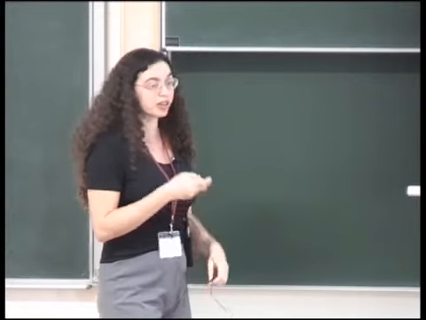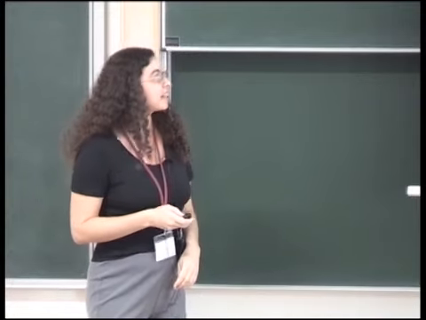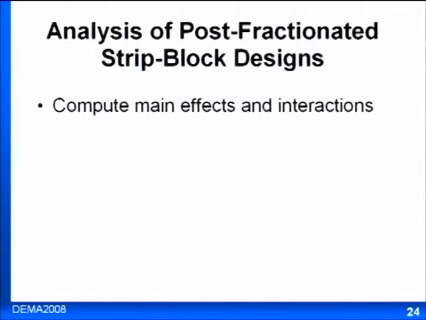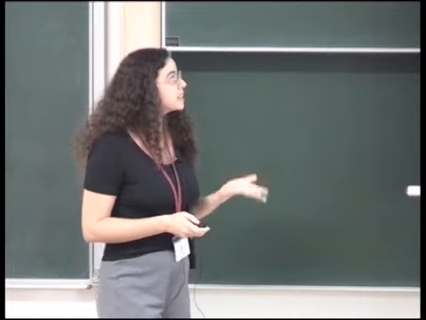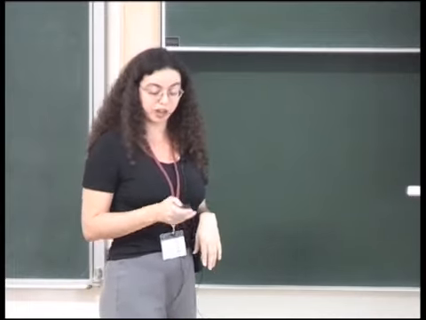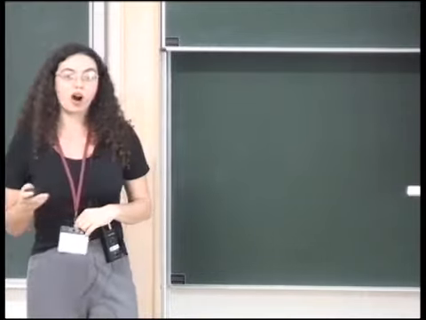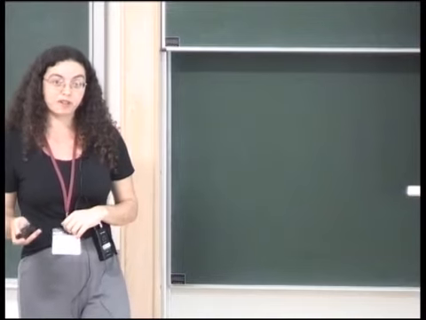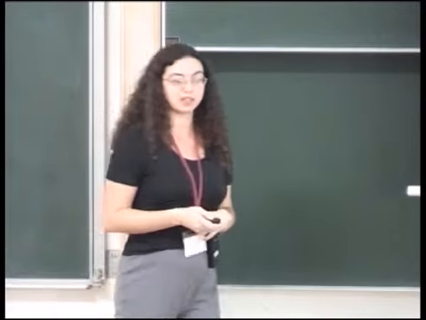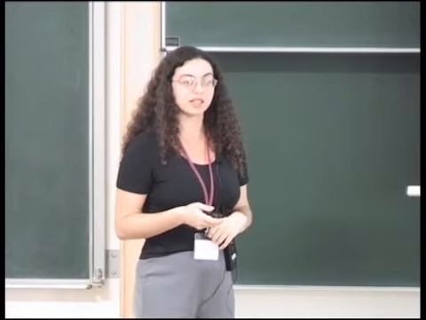So how can we conduct this analysis? We can compute all main effects and interactions as if it were a completely randomized design. So it doesn't change the way you can compute the main effects and interactions. What we need to pay attention to is that not all of the effects will have the same variance because of the randomization structure.